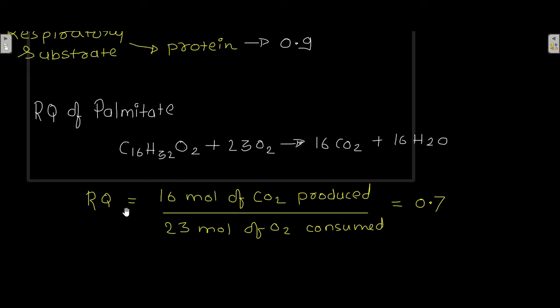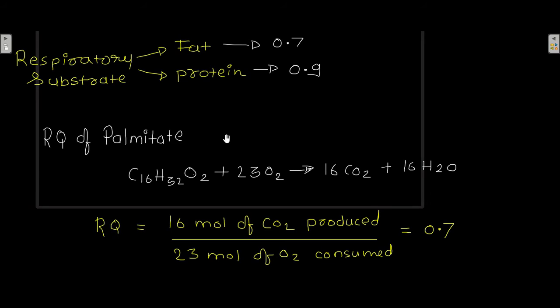Now RQ, considering this reaction, will be 16 molecules of carbon dioxide produced divided by 23 molecules of O2 consumed, and the value of RQ that you get is 0.7. So 0.7 is the value of the respiratory quotient for palmitate, which is an example of fat.